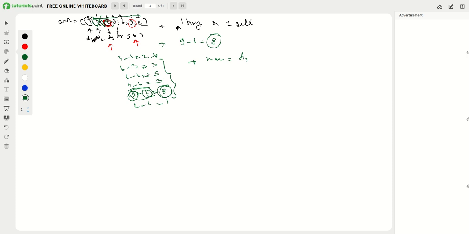Then we will check what the maximum value is after buying, right? We will calculate that profit, maximum value minus minimum value, and we will get the maximum profit. Okay, so let's implement it in code.